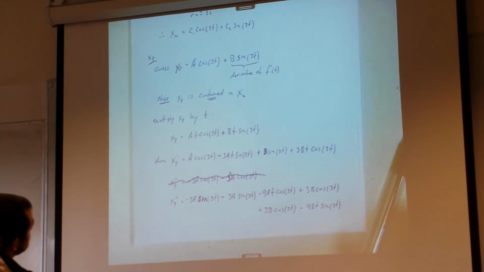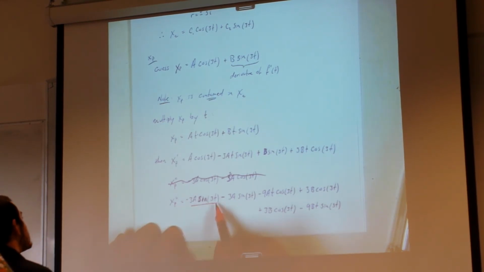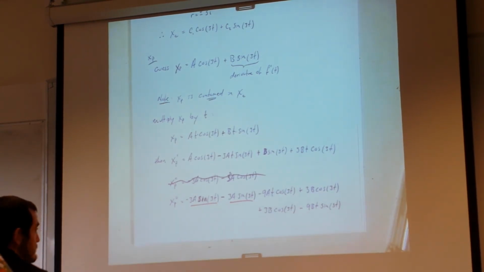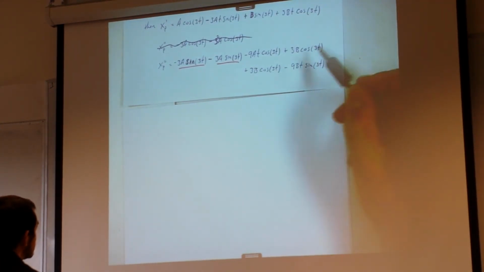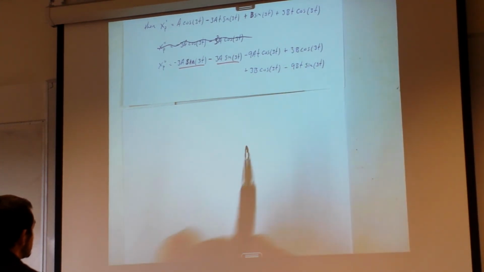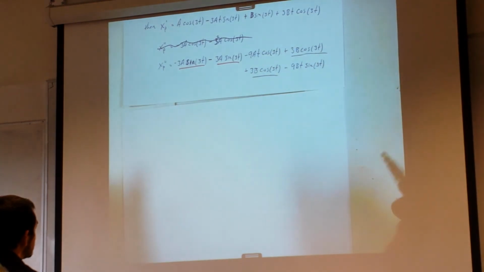Okay, now let's hunt for some like terms. Negative 3a sine 3t minus another 3a sine 3t. Any more? b cosine 3t, b cosine 3t. So we got a couple pairs.